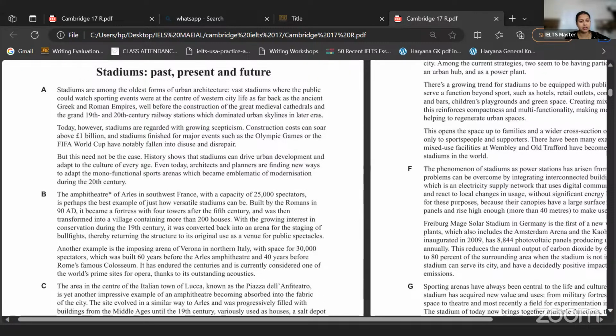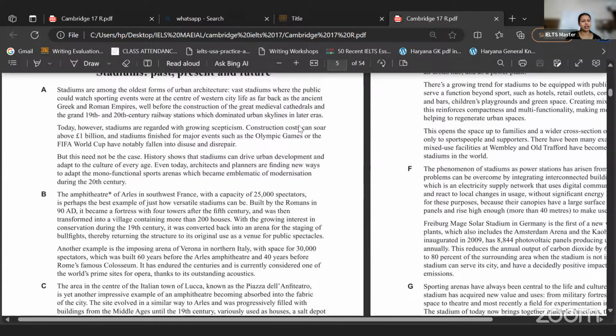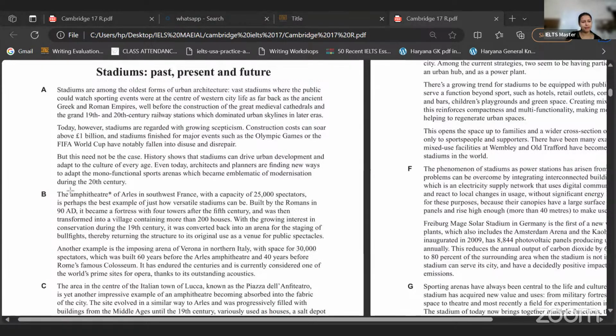Roman amphitheaters, Arles. I think it's in B paragraph. Here it is written. Amphitheater is given here. Arles is given here. Built by the Romans. Romans is given here.